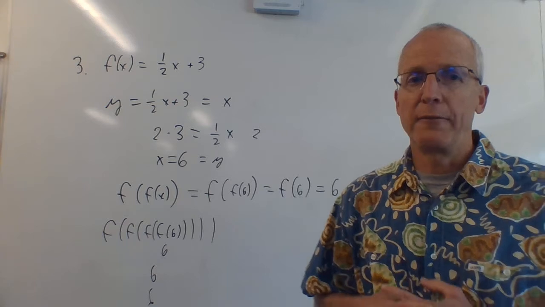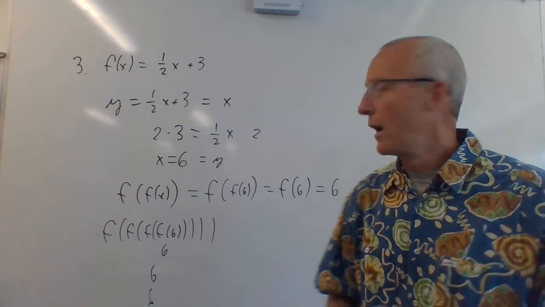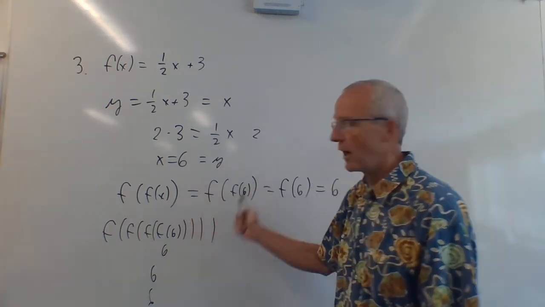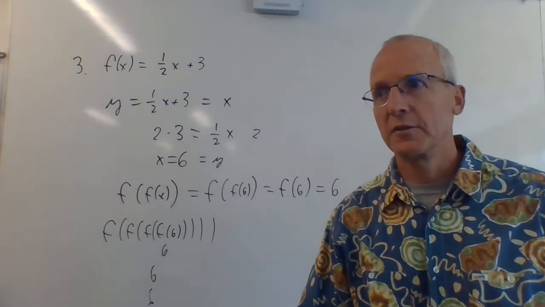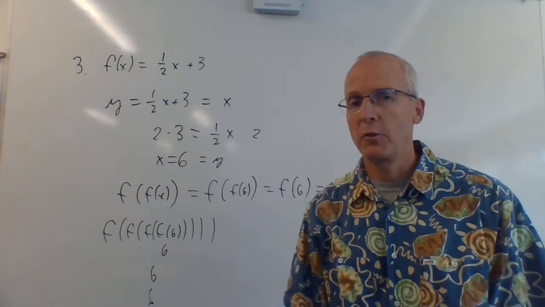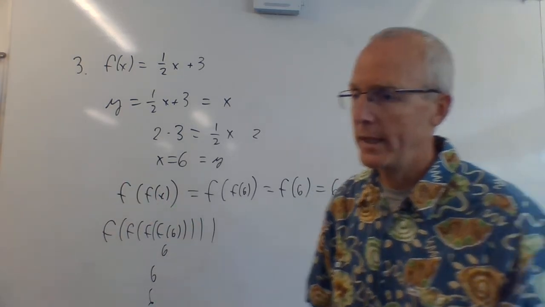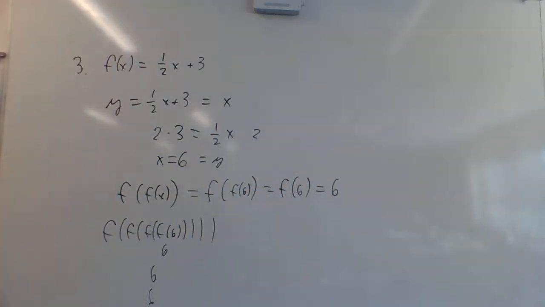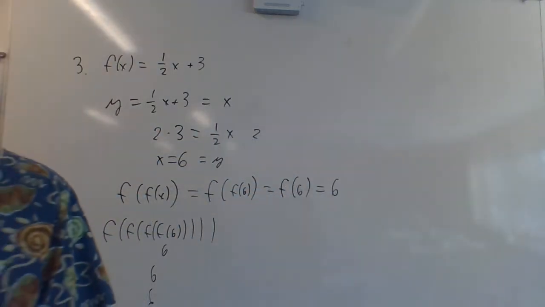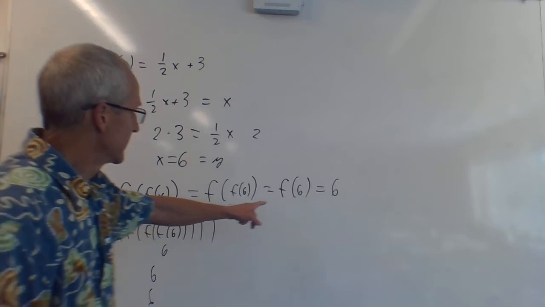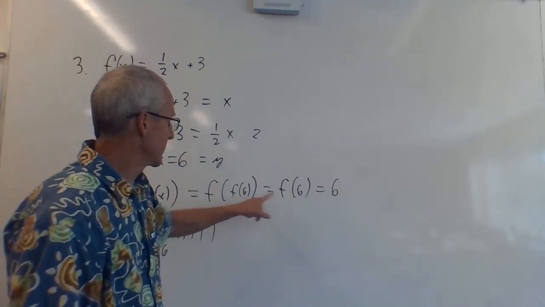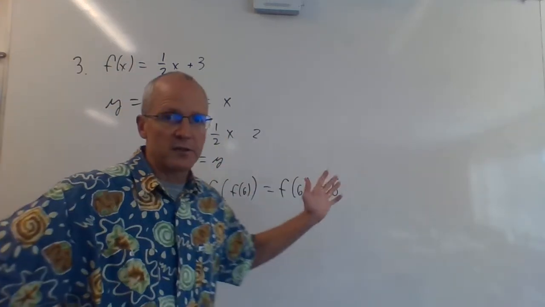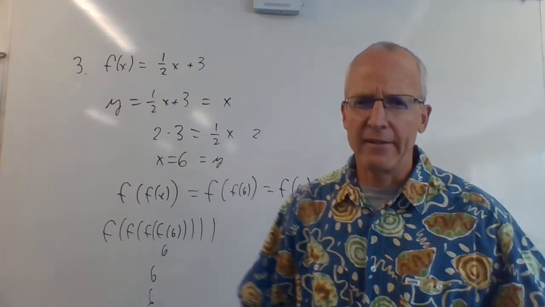So that's why it's called a fixed point. All these new functions are going to go through that point. That's kind of the explanation for part B. If you plug 6 in for x, that's equal to 6, and you keep eliminating all those parentheses. Try it out if that doesn't make sense.